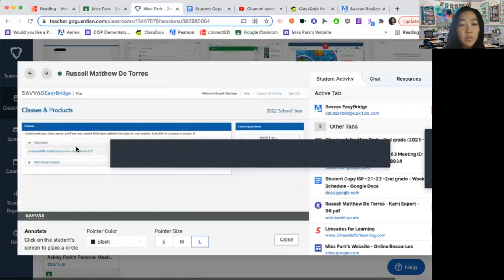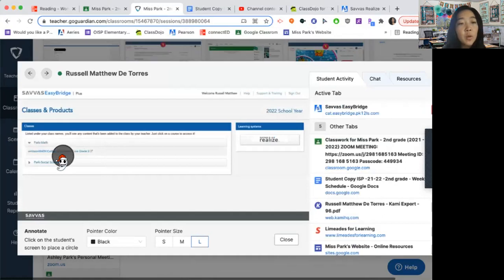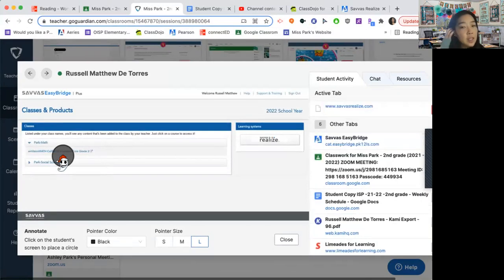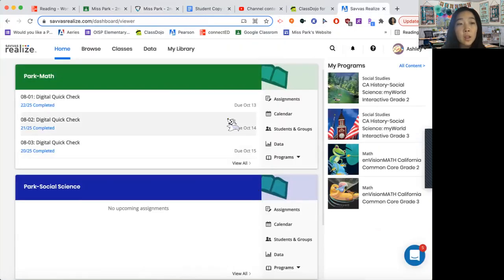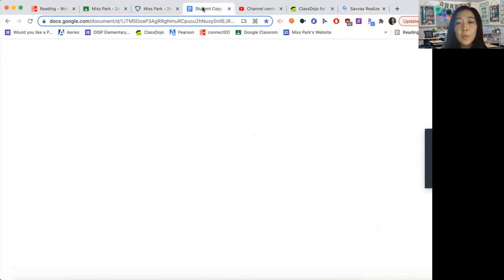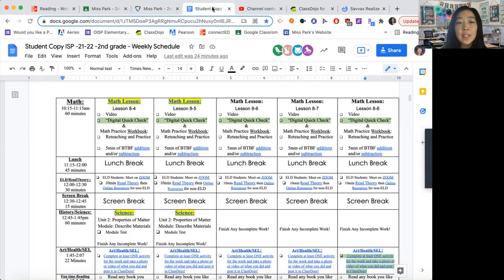And then you're going to click on Envision Math California Common Core Grade 2. That's going to take you to your correct website, guys. Once you're here, you're going to click on your frog on the right-hand side. And then we are today on lesson 8-6.